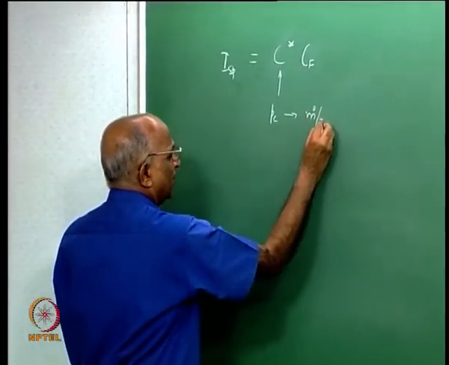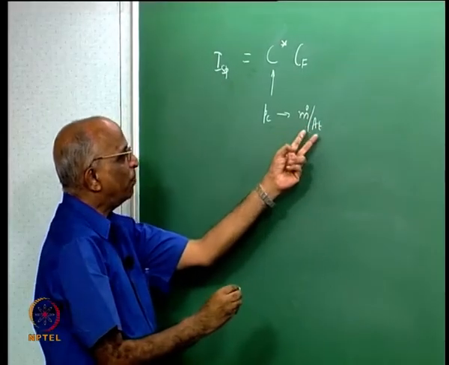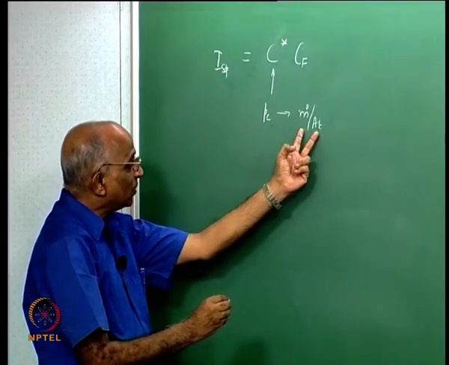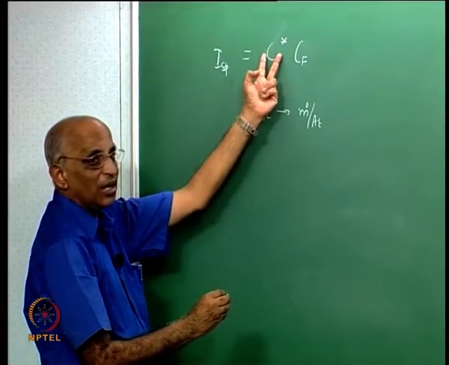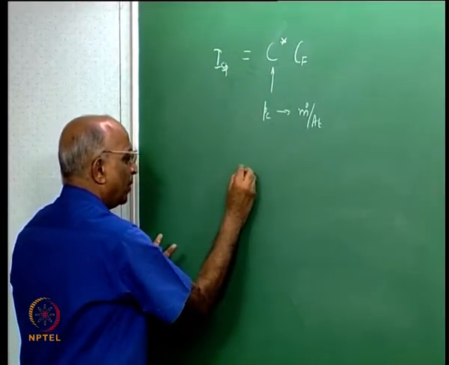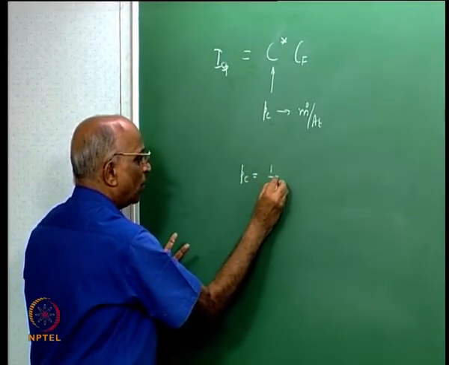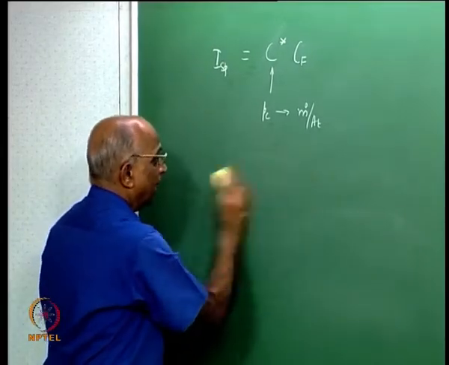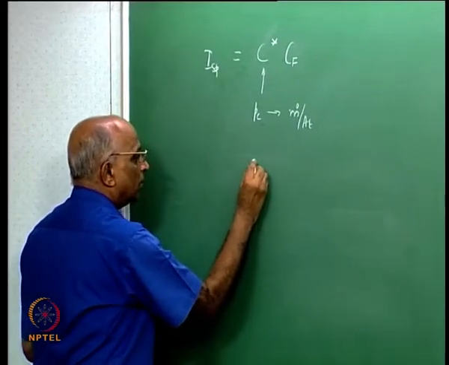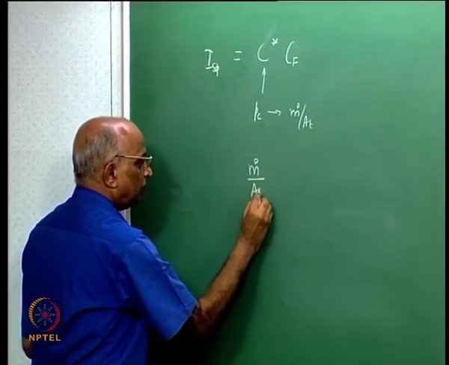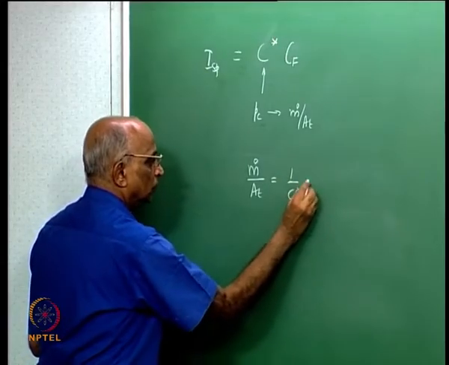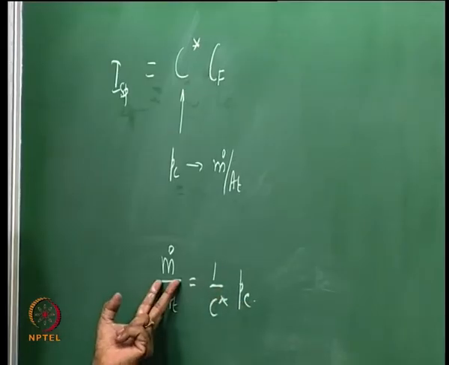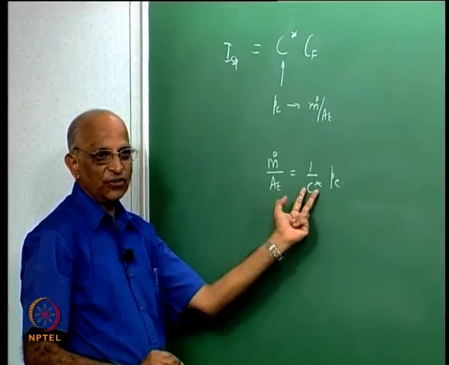In other words, the transfer function between mass flux through the nozzle at the throat to the chamber pressure gives me the value of C star, because we had the expression Pc is equal to c star times m dot by AT. We could get the chamber pressure for a given mass flux at the throat, and this is your transfer function.